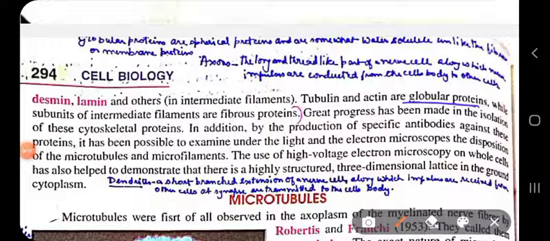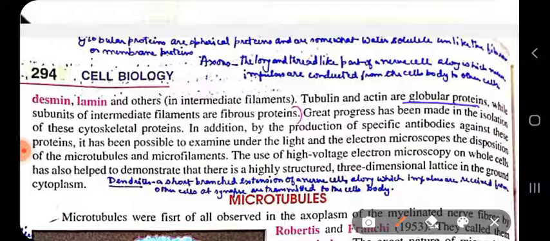Globular proteins are spherical type of proteins and are somewhat soluble in water, unlike the fibrous proteins or membrane proteins. So, tubulin and actins are spherical type of protein, globular in nature, and they are somewhat soluble in water, unlike fibrous proteins.